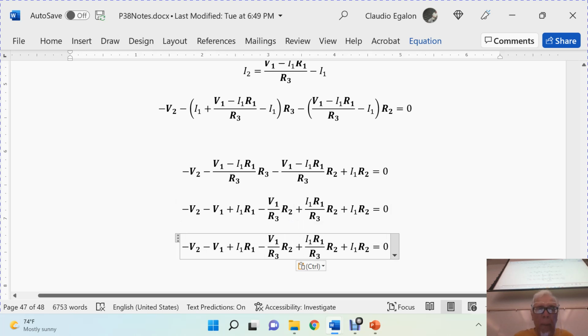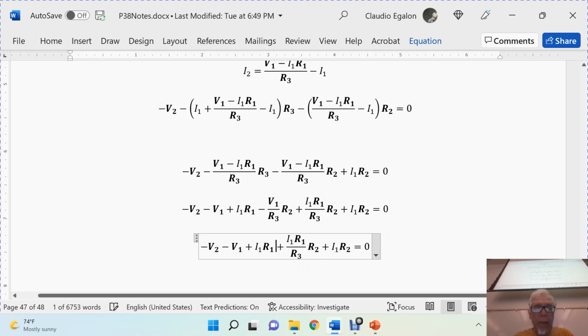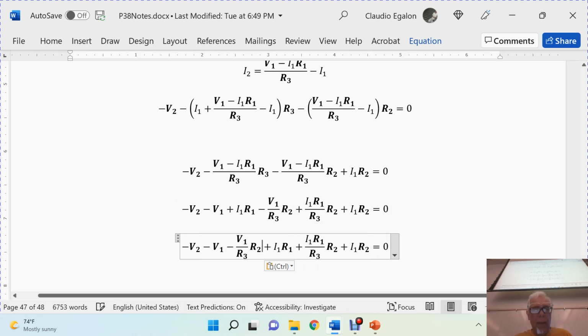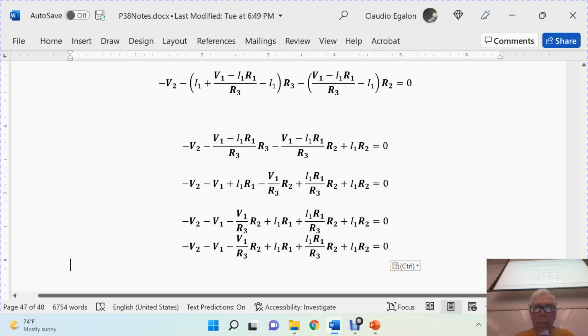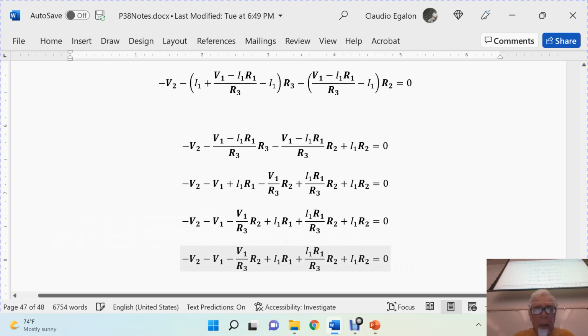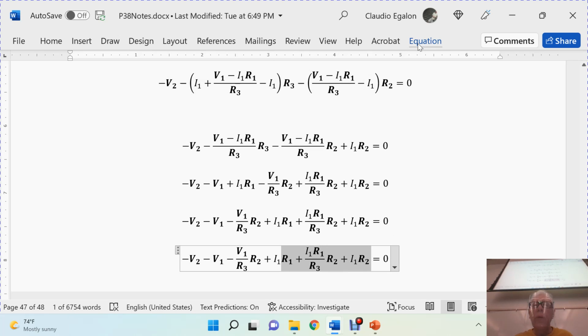Now I'm going to combine all the terms that involve I1. Here you go. 1, 2, 3 terms. They all have our I1. Can I do better? Yeah. Okay, and I'm going to put I1 in evidence.